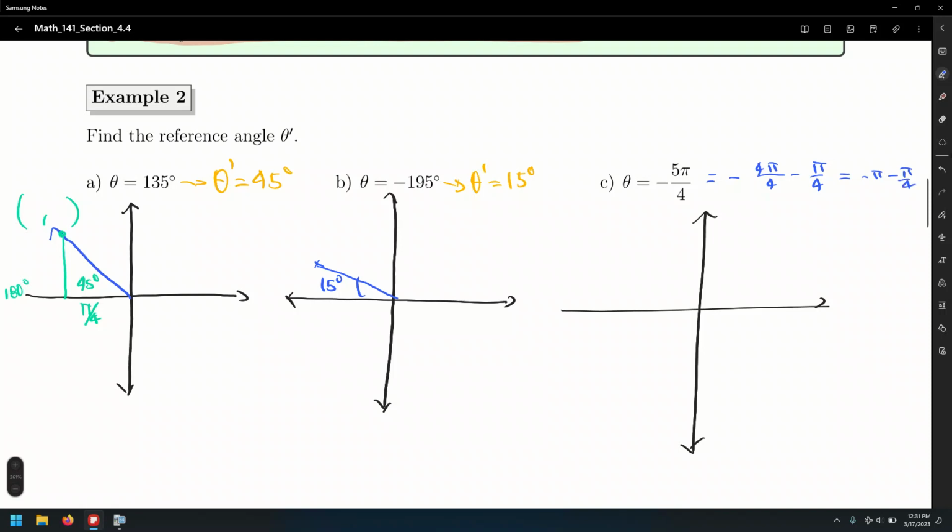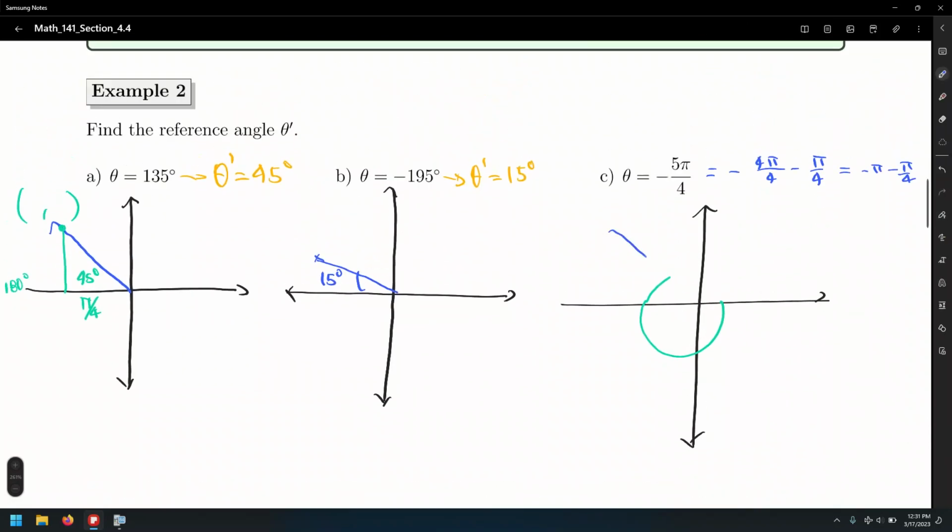Well, check this out. It means that we're going to go negative pi, and then from negative pi we're going to do another pi over 4, but in this case in the negative direction, and that's to get this angle right here, which actually, check this out, happens to be the same reference angle for 135 degrees, except we're calling it a different angle, and we're going in the opposite direction, and well, coincidentally we're getting back to the same point.